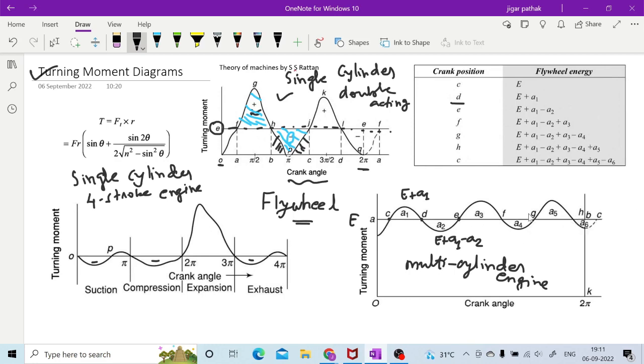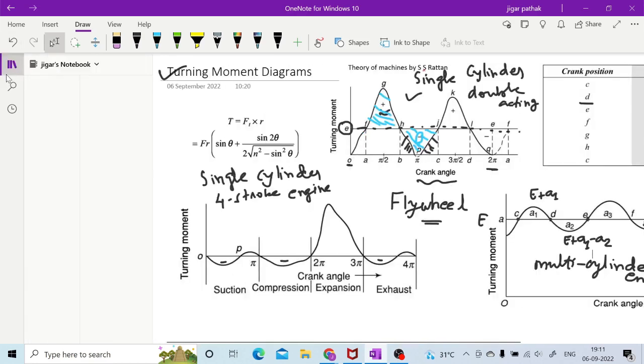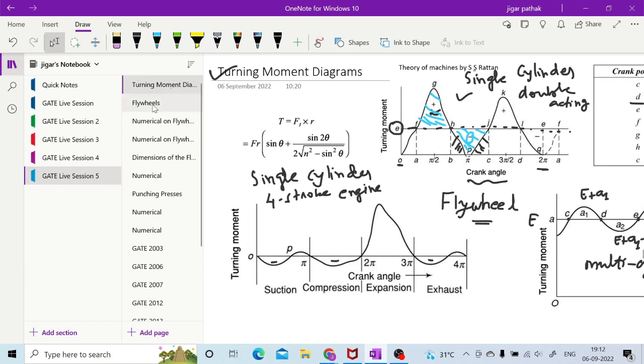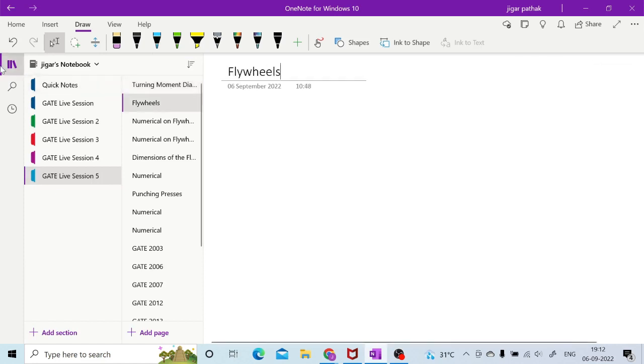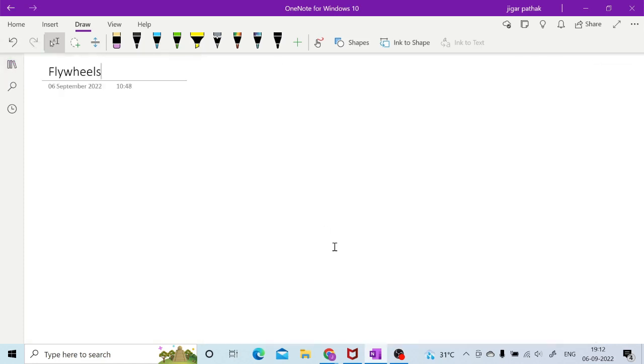So this is how you can have this summation and subtraction of area as per it is above the mean line or below the mean line. So this is how you will have this turning moment diagrams, right. So once you have an idea about this turning moment diagram, then we can go for this flywheel, right.